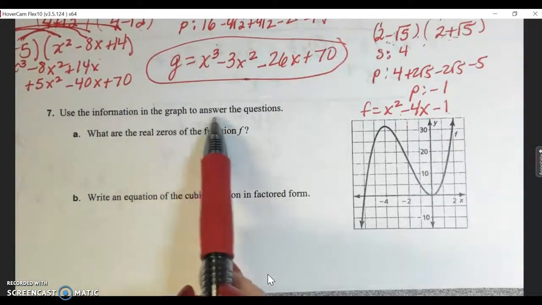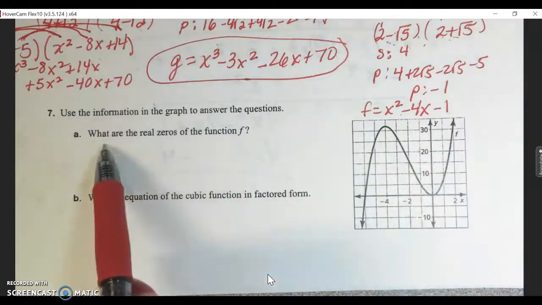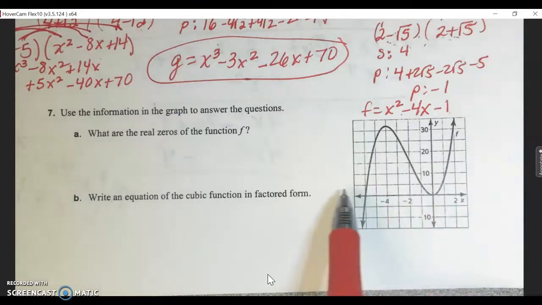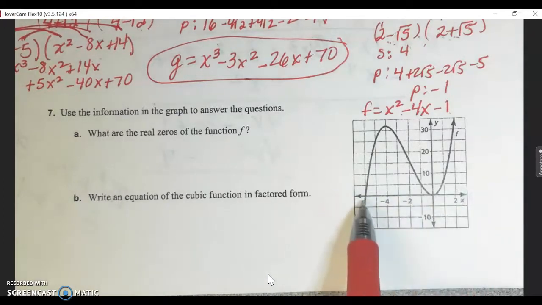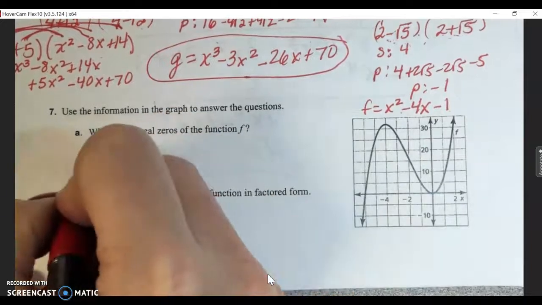Use the information in the graph to answer the questions. Here's the graph. What are the real zeros of the function? In other words, what values make this function 0? Can you tell? What are they? 0 and -6. Good.